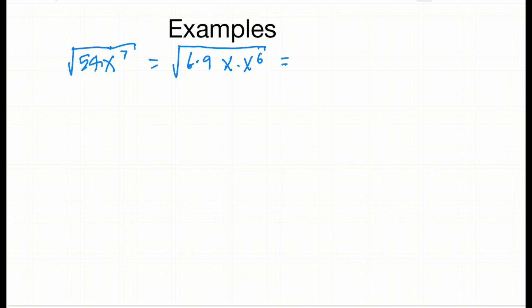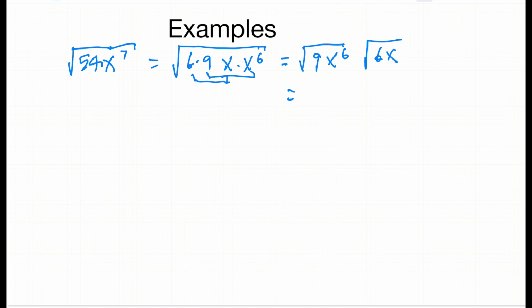And some of this you're going to have to just play with. It's not immediately obvious to you. Just keep working with it, and you'll see as things fall out. It just takes time. So we're going to put the 9 times x to the 6th times 6x. We just broke that back up. We just combined the 6 and the x and the 9 and the x to the 6th using the multiplication property. That's what we get.